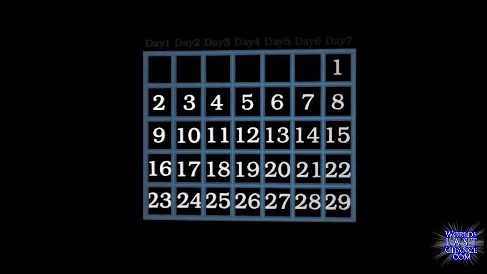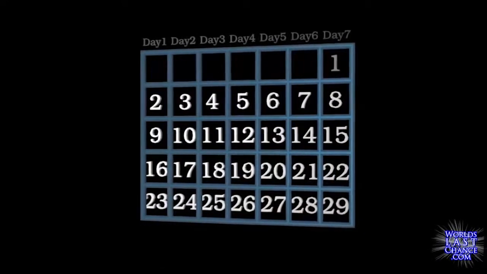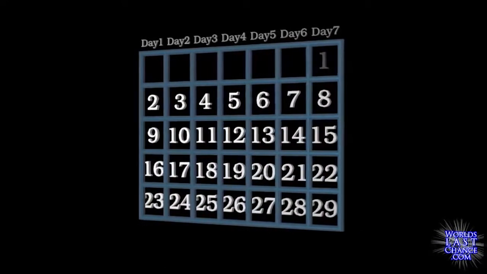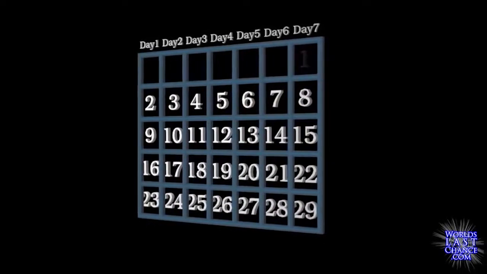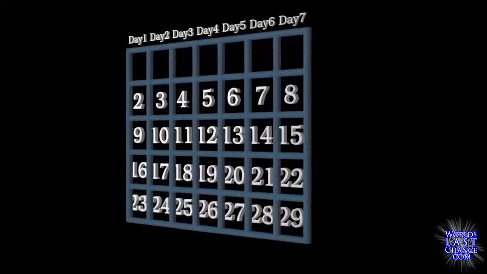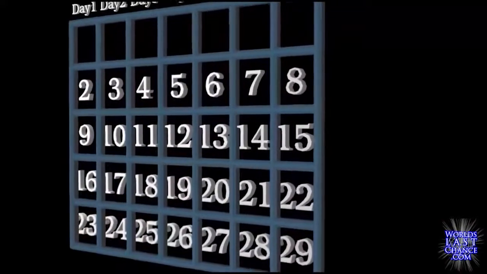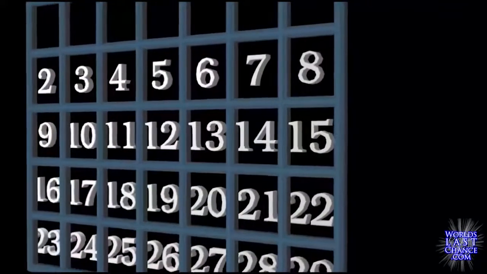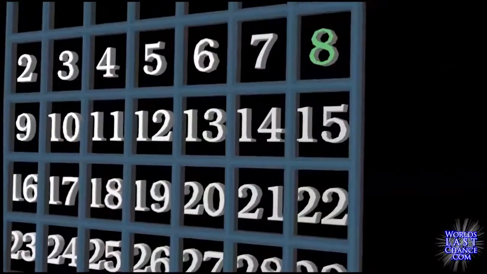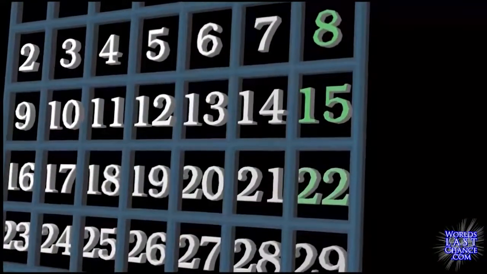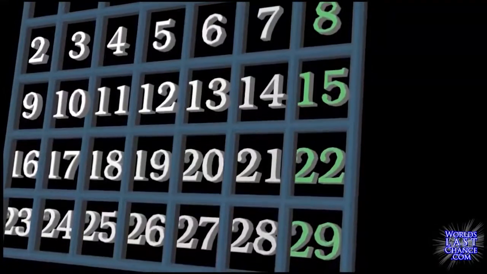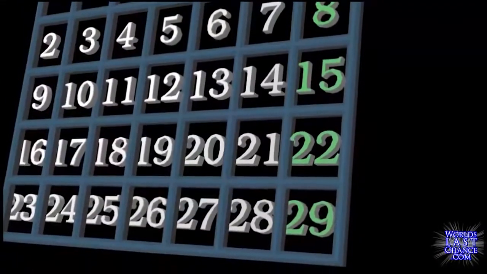The true lunisolar calendar is very user-friendly. Days of the week always fall on the same dates of the month. Every time a seventh-day Sabbath in Scripture is assigned a date, it always falls on the 8th, 15th, 22nd, and 29th days of the month.